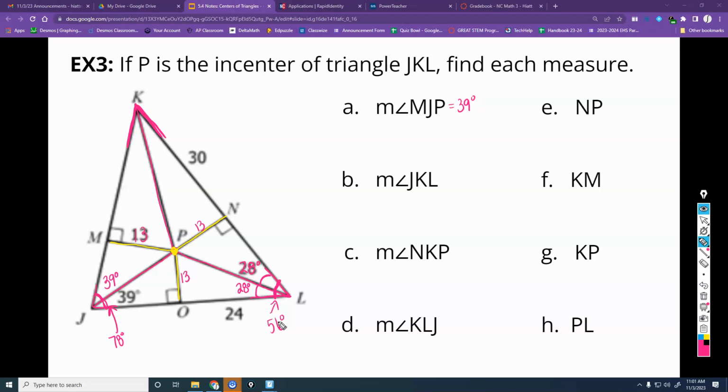Okay, how'd you get 74? Good, because the angles of a triangle must add up to 180 degrees. So this angle here, and this angle here, and the angle they're asking us for have to add up to 180 degrees. So if I do 180 minus the 78 minus the 56, what did you say we got? 74? Is that right?